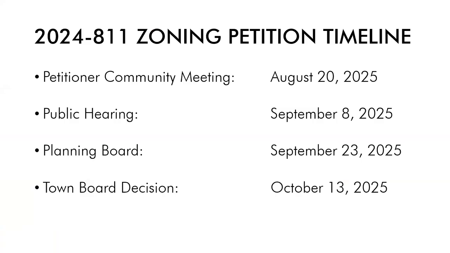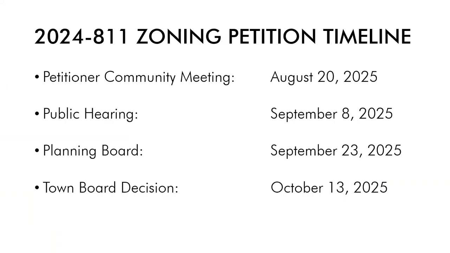Okay, here's our tentative timeline of the petition. This is subject to change pending any necessary deferrals for additional coordination, whether it be with the community, town staff, town board of commissioners, or planning board. So this evening, August 20th, we're holding our petitioner community meeting.